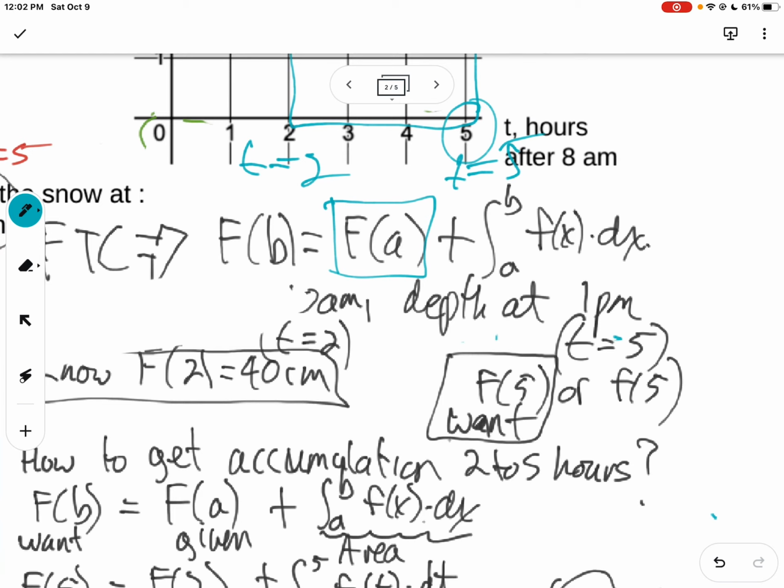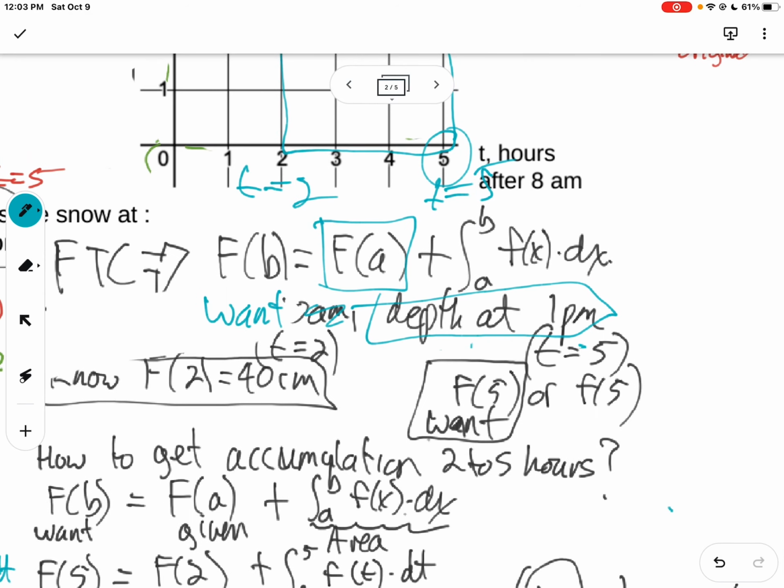And that's what we do know. What we want to know is the depth at 1 p.m. Okay, the depth at 1 p.m. And that's called f at b. And that's why the equation is set equal to f at b, because it isolates the unknown for us. And then I have to figure out all the snow that's accumulated between x equals a and x equals b.